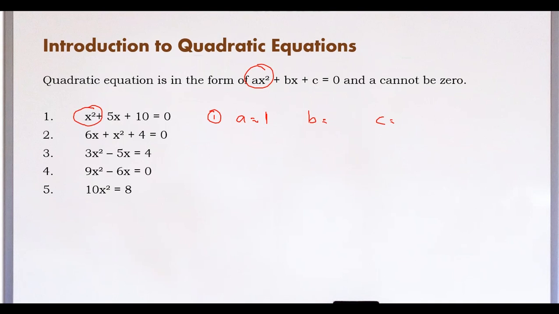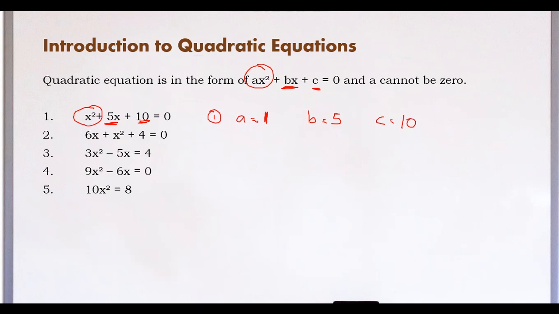If you cannot see a number beside the variable with a degree of 2, there is always a numerical coefficient of 1. Then b equals 5, since we have here bx, and our c is 10.